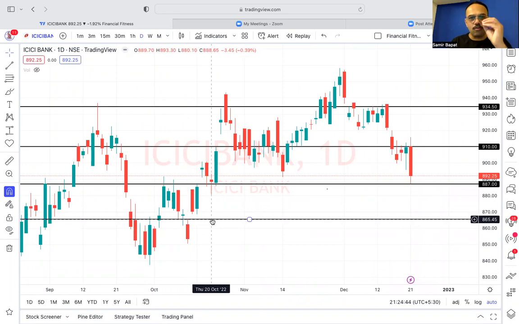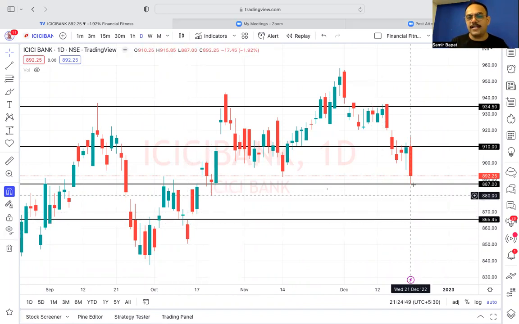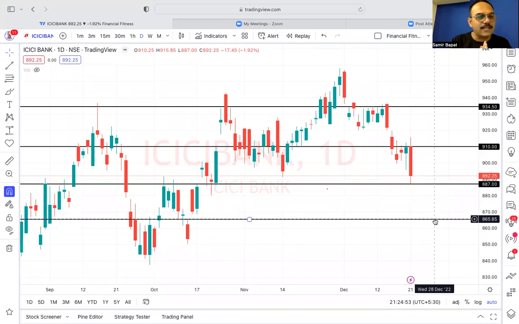See the gap, open TradingView tomorrow, draw a line here and see if it is going and taking support there. Is it stopping there? How many of you have noted it down? Can I have yes from all of you?